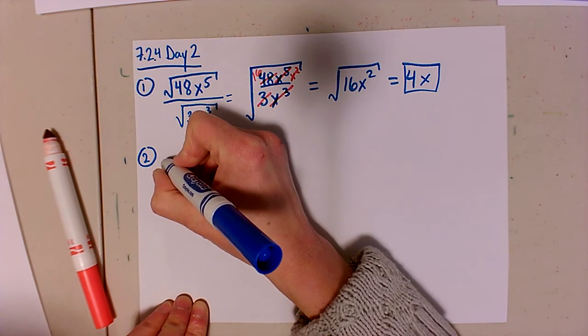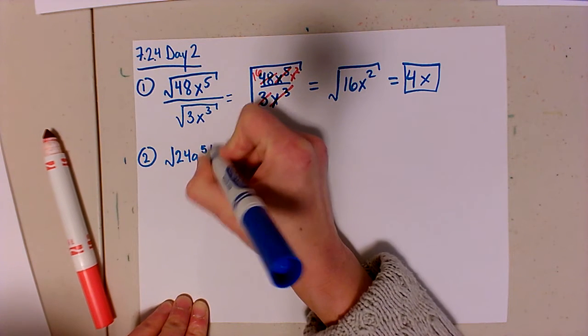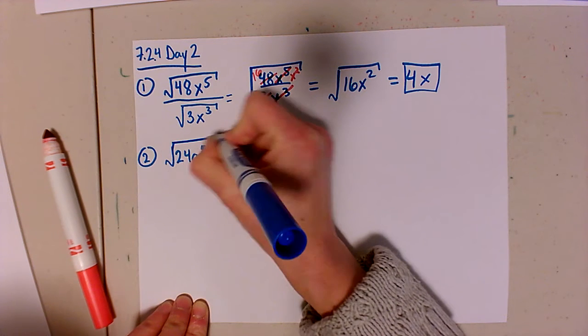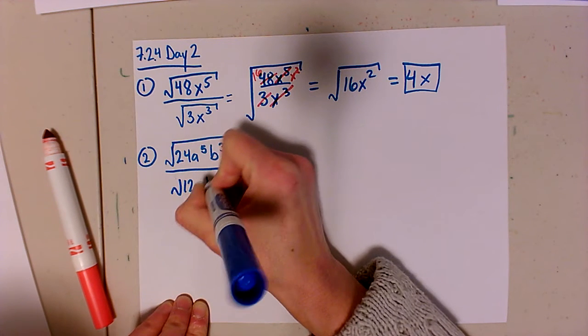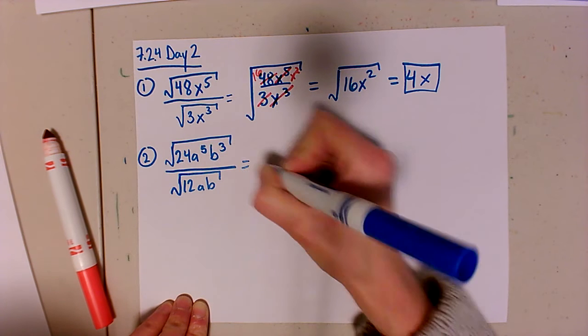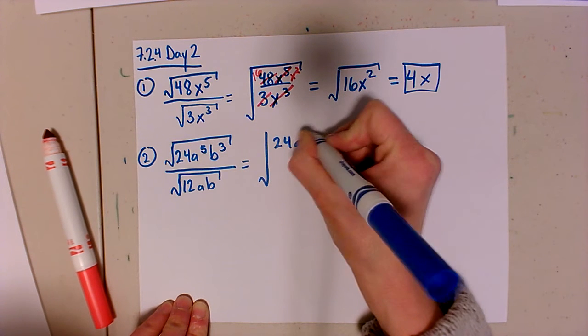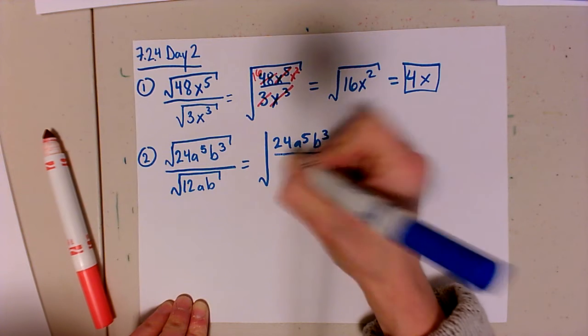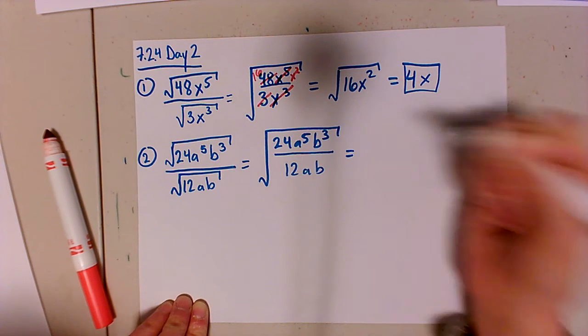For number 2, we've got the square root of 24a to the 5th b cubed all over the square root of 12ab. So for this, we'll put this all under one radical, one fraction under one radical, and then we'll go ahead and simplify it.